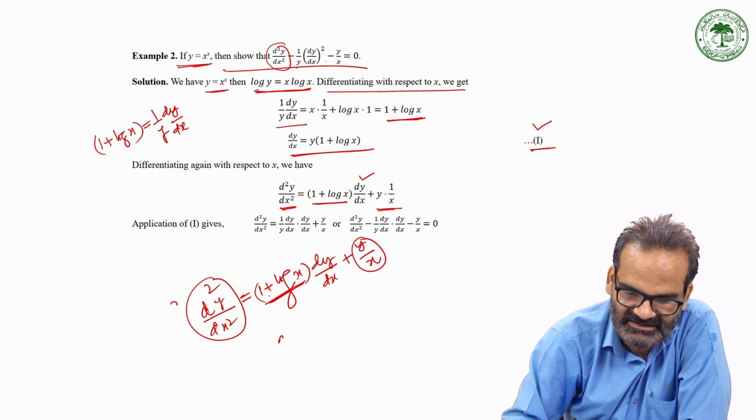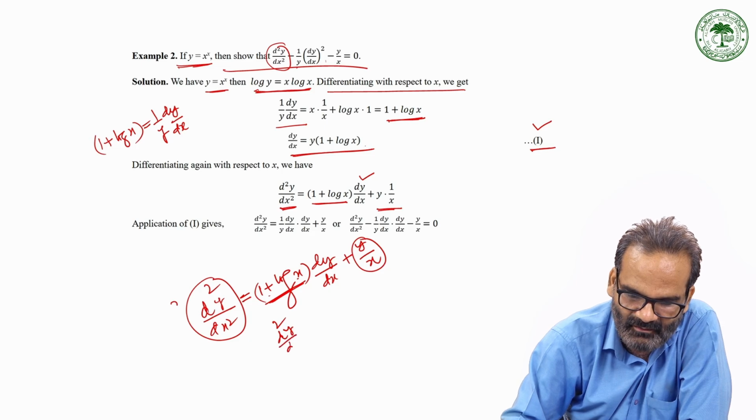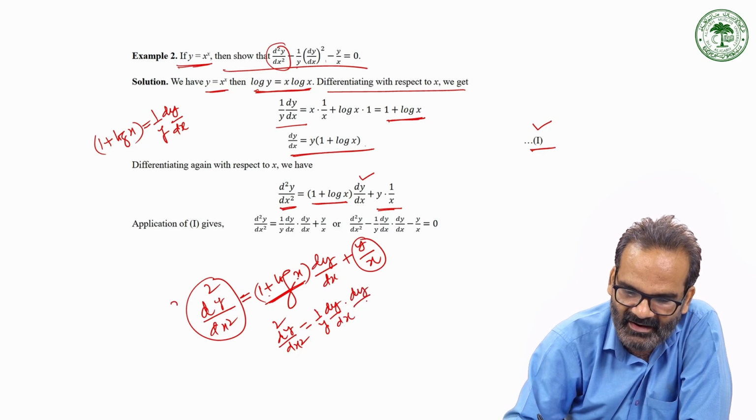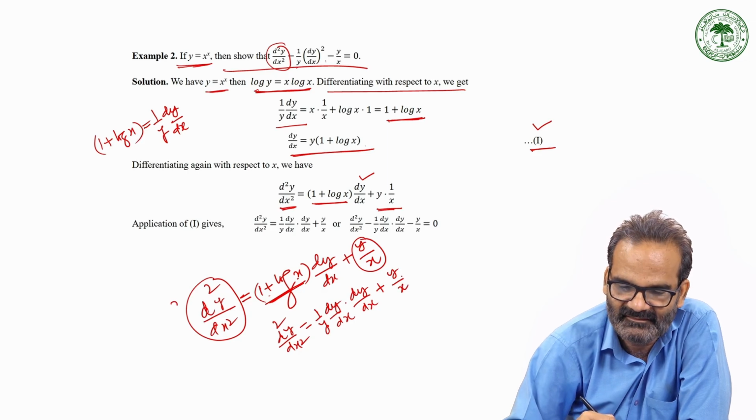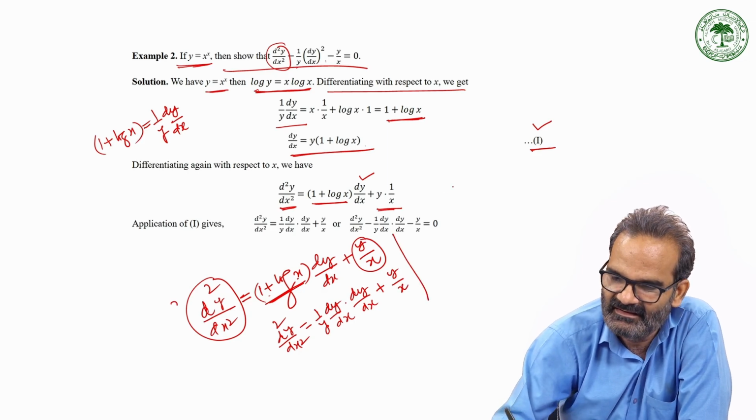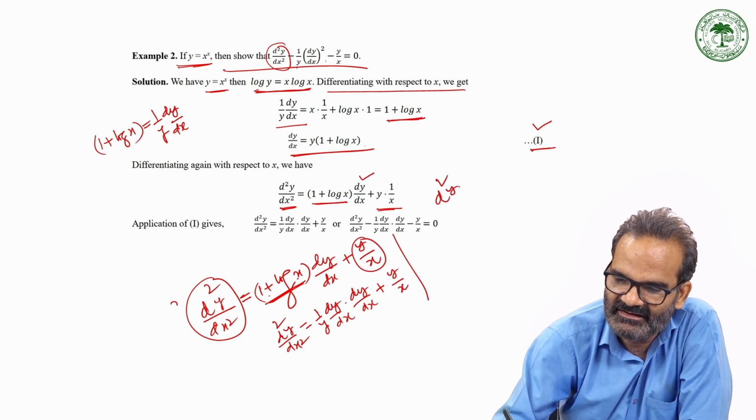So what you will get: d2y over dx2 is equal to 1 upon y dy over dx into one more dy over dx, plus y upon x. And what is this? This will be equal to d2y over dx2.